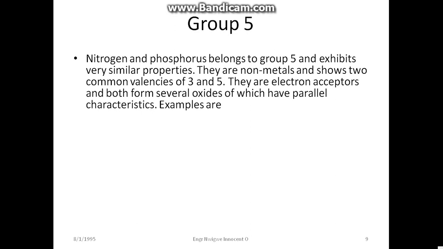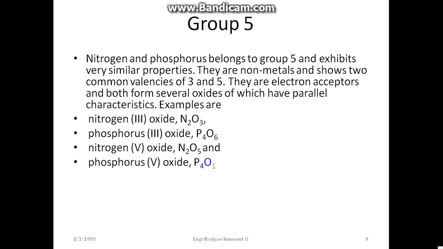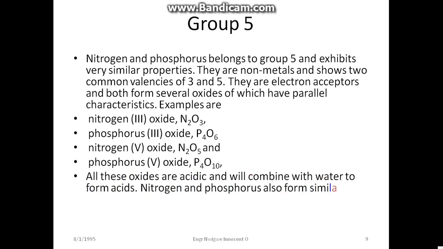Examples are nitrogen 3 oxide N2O3, phosphorus 3 oxide P4O6, nitrogen 5 oxide N2O5, and phosphorus 5 oxide P4O10. All these oxides are acidic and will combine with water to form acid.